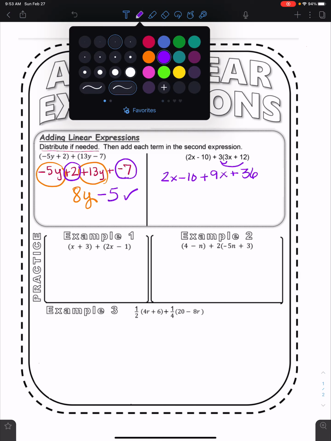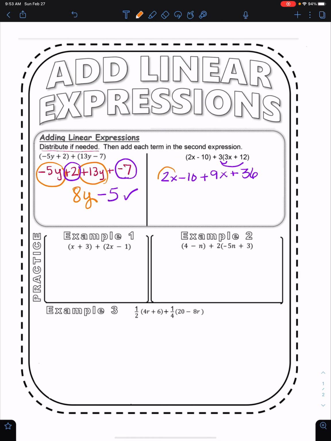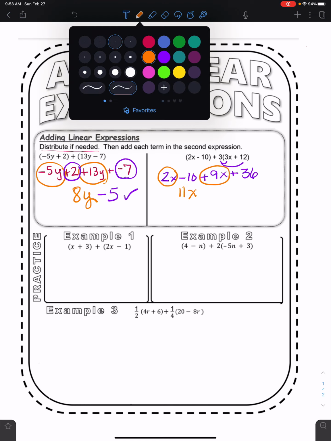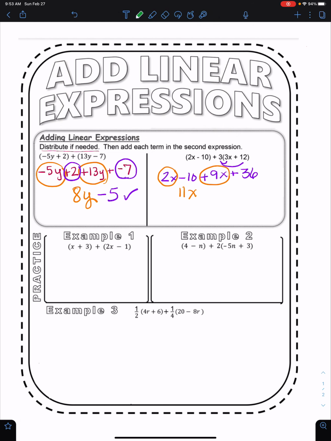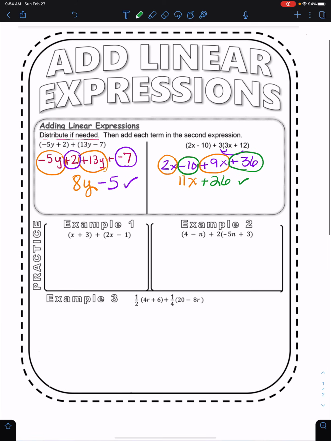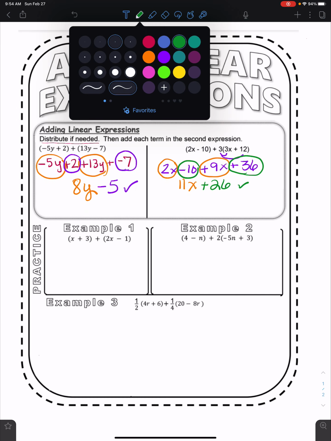Now I can identify like terms and add them together. 2x plus 9x is 11x, and negative 10 plus 36 is 26. No parentheses, no like terms, so I'm finished with that one.